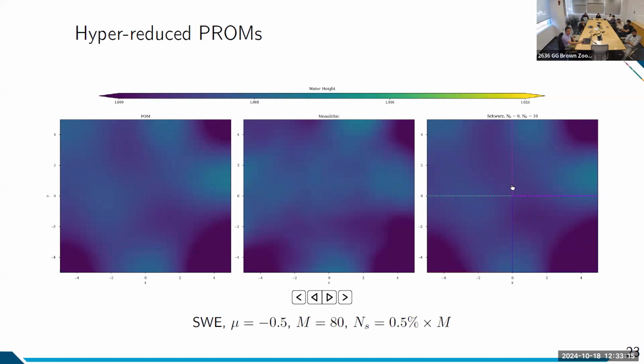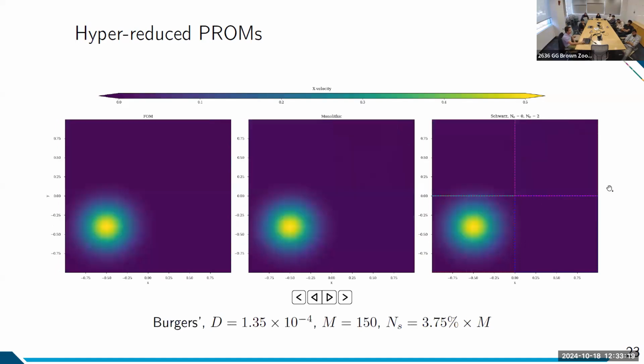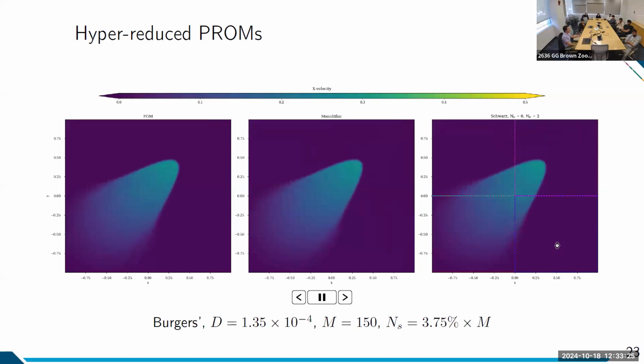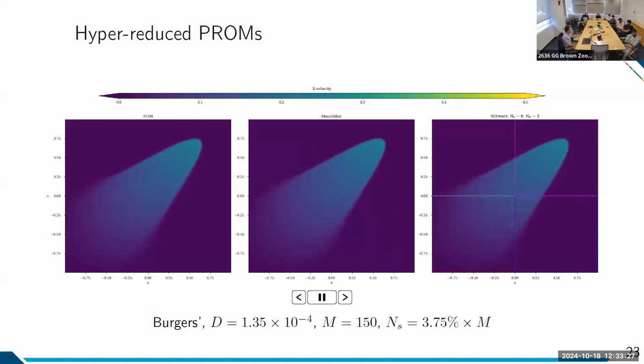And even for Burgers' equation, where you have a shock, you're able to transmit that shock across these interfaces. Granted, for these shock problems, in general, you'll need a much denser sample mesh. So this is 3.75% of the full mesh. But that is a fairly common finding in the reduced order model literature.